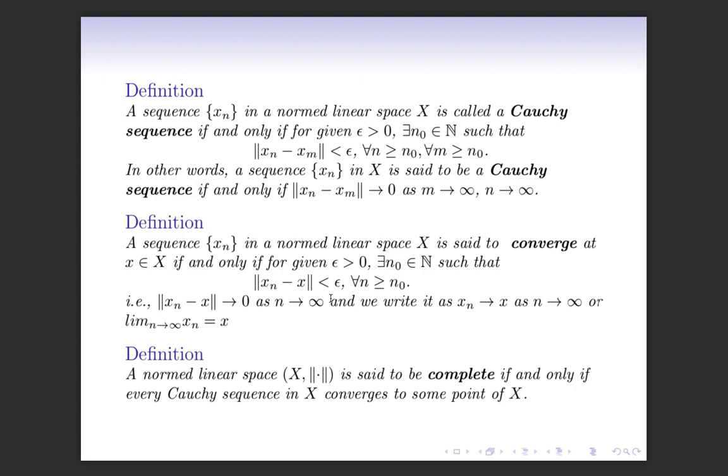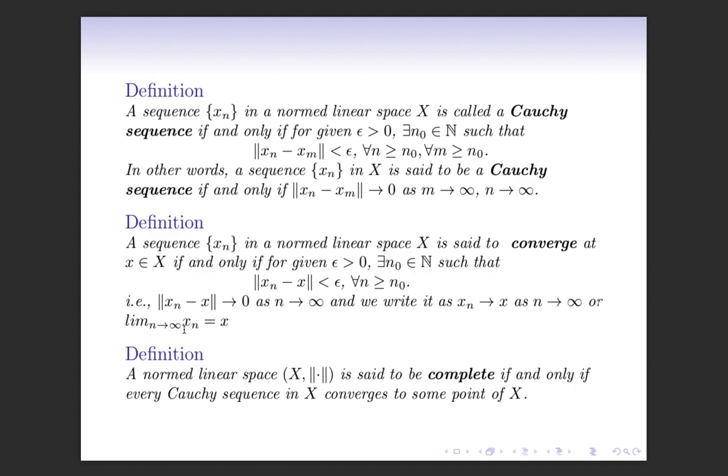So, d of xn comma x can be replaced by norm of xn minus x in a normed linear space. So, we can define the convergence of a sequence with the help of convergence in a metric space. In other words, we can write norm of xn minus x tends to 0 as n tends to infinity. We also write it as xn tends to x as n tends to infinity, or symbolically we write limit n tending to infinity of xn is equal to x.